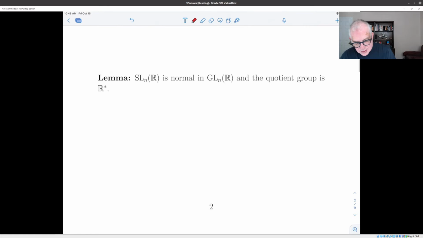And the group SLNR is a normal subgroup in GLNR, and the quotient group is the multiplicative group of real numbers. And this is obtained by the first isomorphism theorem.